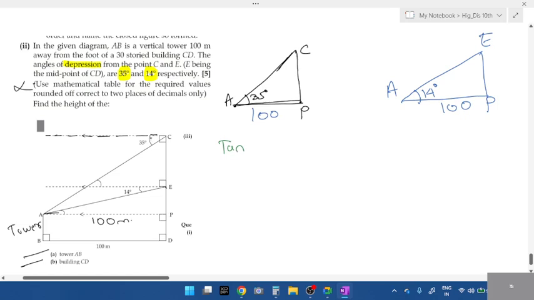Look where the arc is touching, where the angles are, split into triangles and solve that. Once you complete that, other parts are easy. You'll be able to understand the other parts. 100 and 100 is given. Tan 35 degrees equals PC divided by AP. Tan 14 degrees equals PE divided by AP.